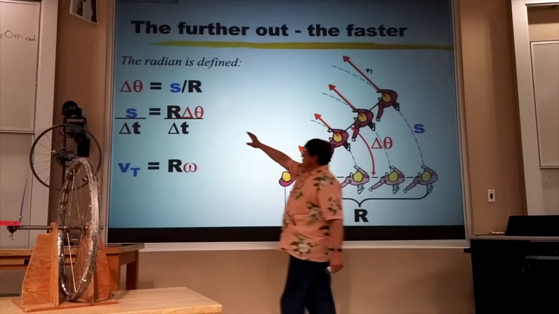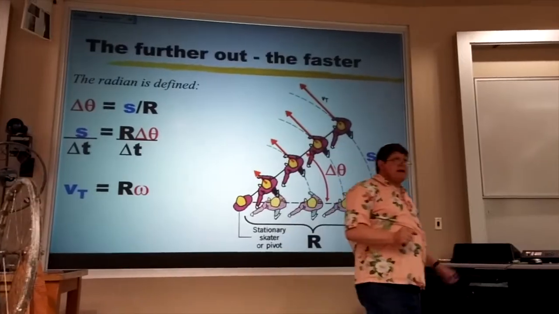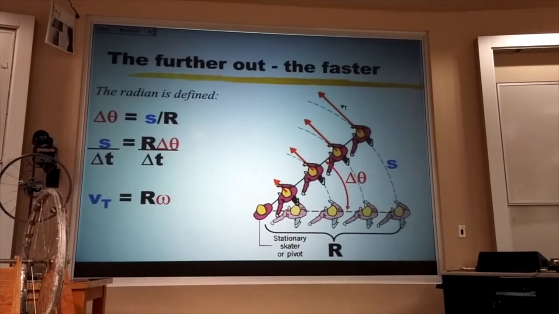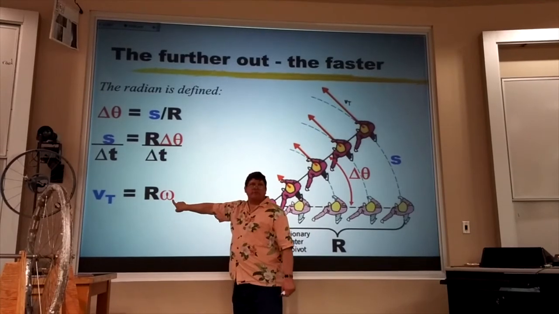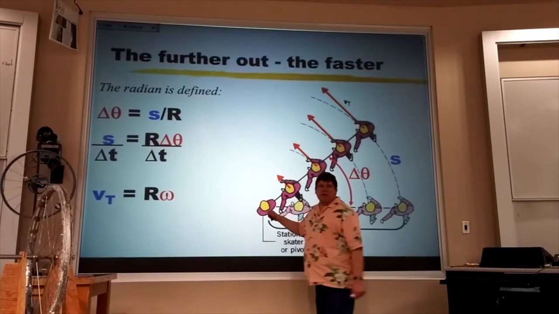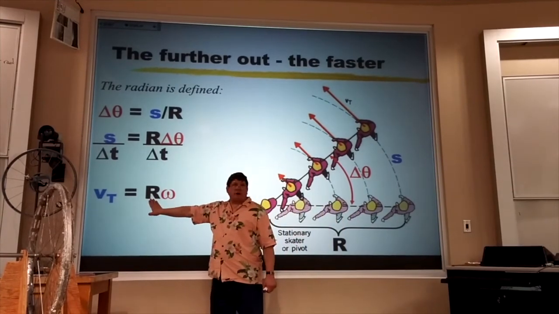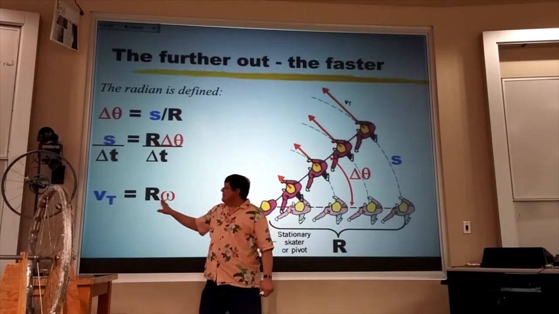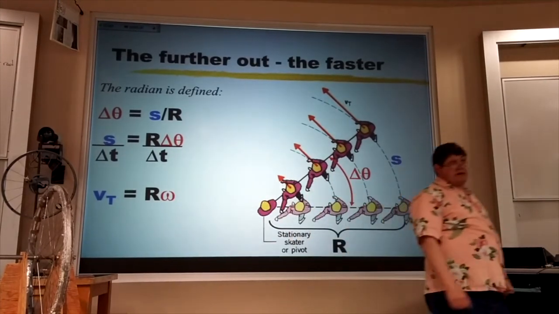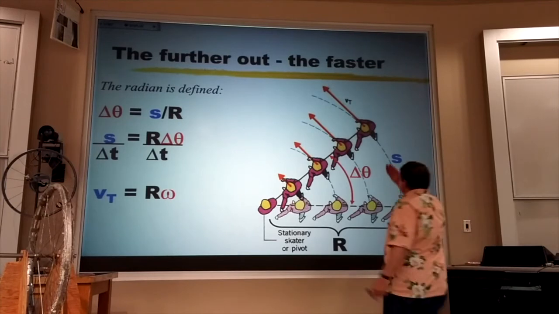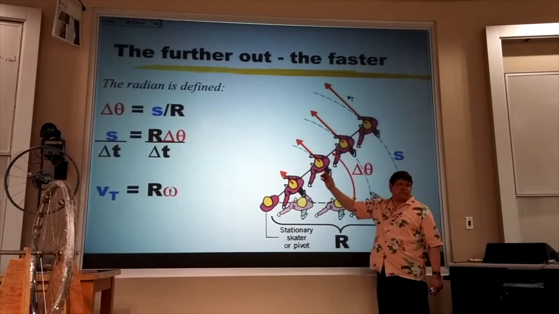The angle divided by time is the omega. If they're going in this line, the omega is the same for every Sven, including that one. But if someone is twice as far from the pivot, they're going to have twice the linear velocity, the tangential velocity. So we've proven that this Sven has to skate twice as fast as that Sven.